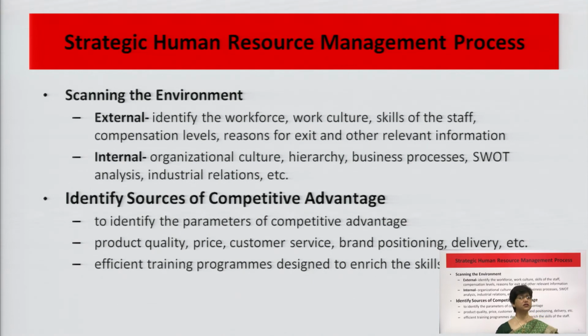If we create some quality or skills among the employees through training programs, that will enrich their skills and this will be used for making a better quality product or a better brand positioning that will help in the development of the organization.